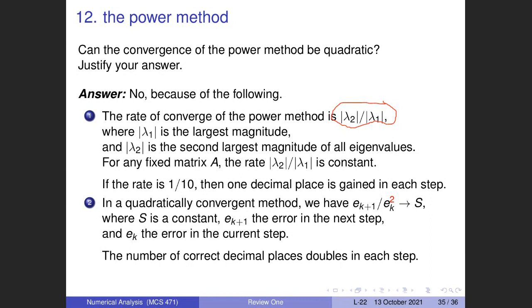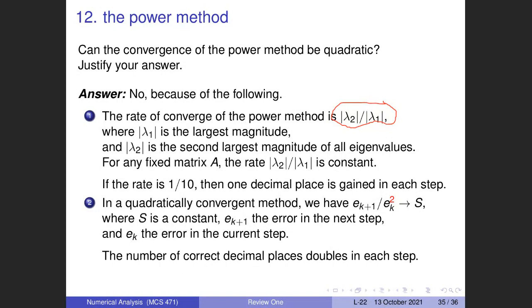So it could be that in 1 decimal place you're getting 5. So that fixed number could be a fraction. So you've seen last lecture that we can fabricate matrices with prescribed eigenvectors, eigenvalues, but it is important that convergence is not quadratic.